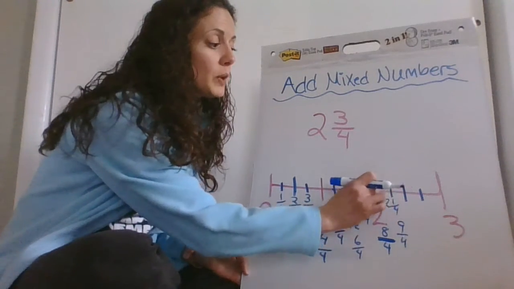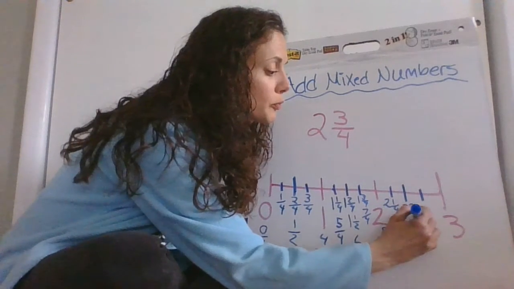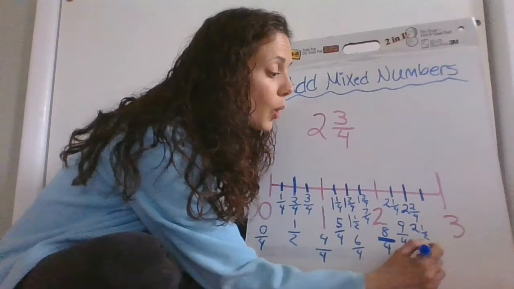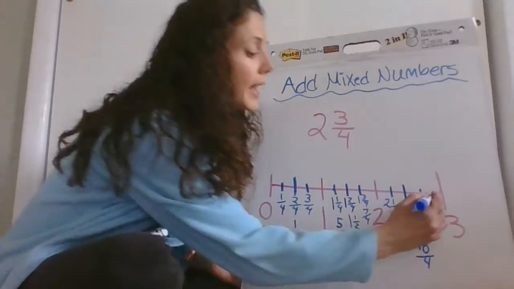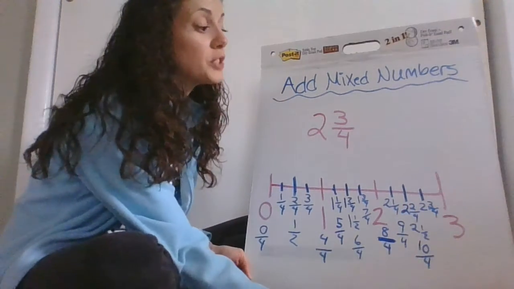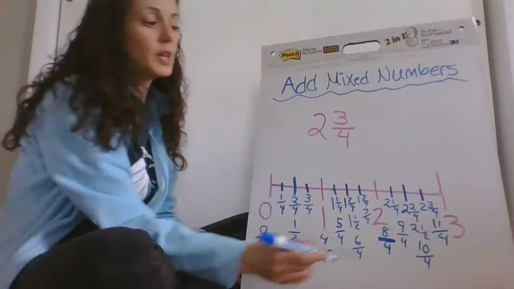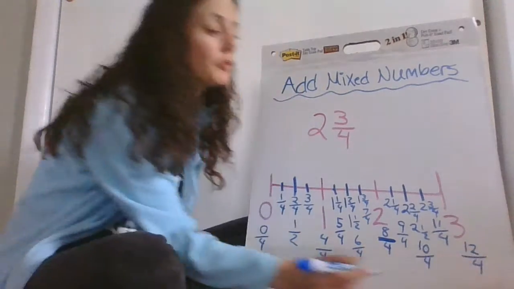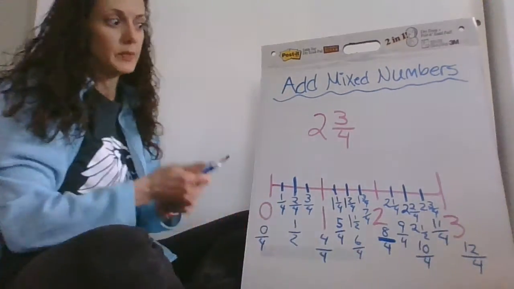Here we have 2 and 2/4, which is the same thing as 2 and 1/2, or 10/4. And over here we have 2 and 3/4, which is the same thing as 11/4. 3 would be known as 12/4. 12 divided by 4 is 3, right?